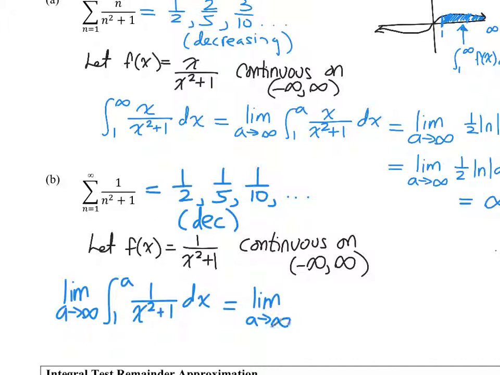What is the antiderivative of 1 over x squared plus 1? Not ln. That's arctan. Arctan of x on the interval of 1 to a.